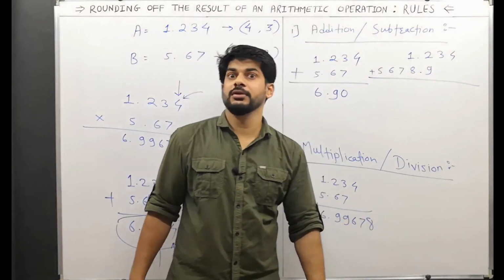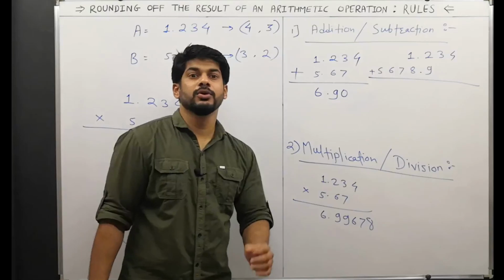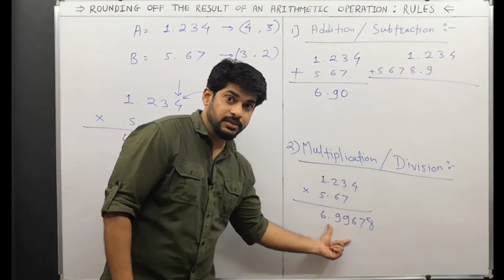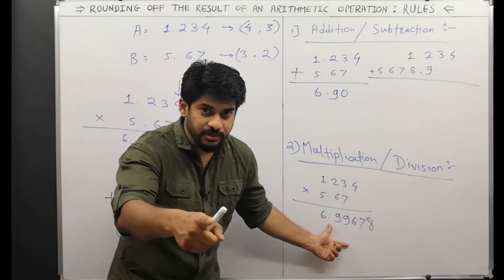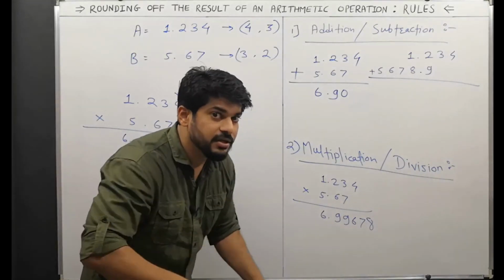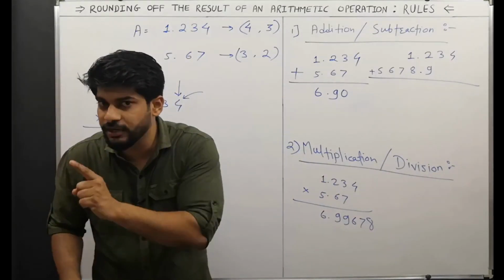Now the rule says that the answer must retain as many significant figures as there are in the number with the least number of significant figures.